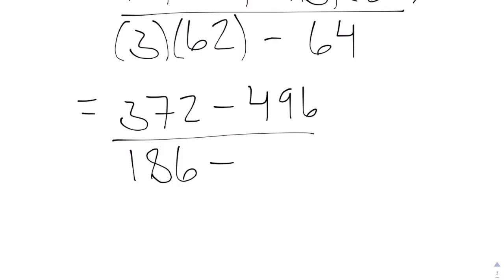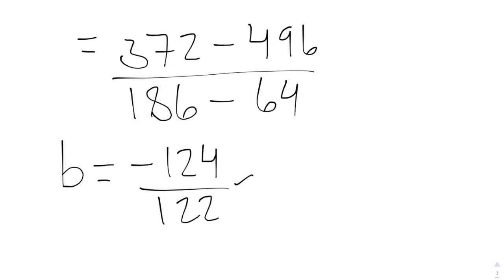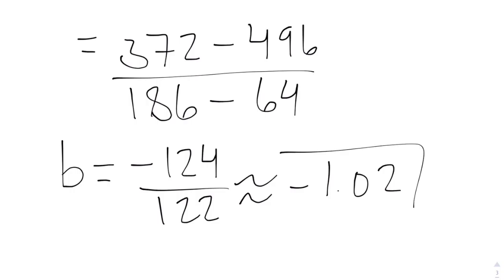Sorry, I got a little ahead of myself. 64. All right, do the math, and we're going to get B equals negative 124 over 122, which is approximately negative, because the negative's there, 1.02. And that's our B. And that's all we really wanted.